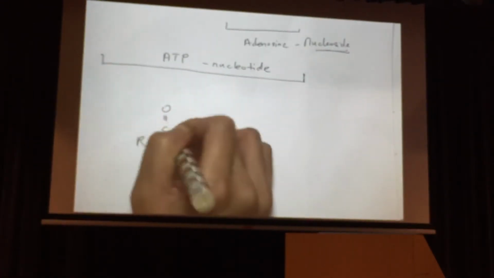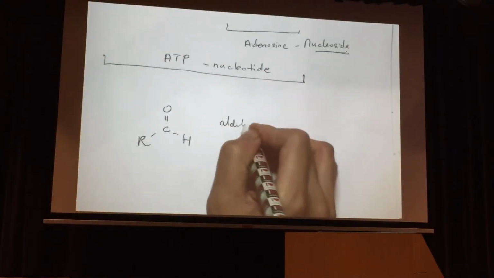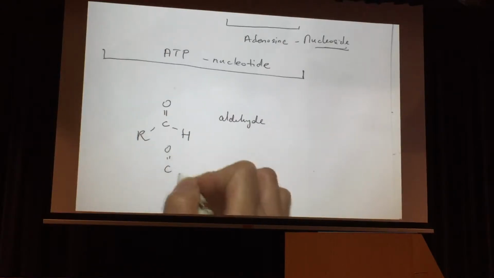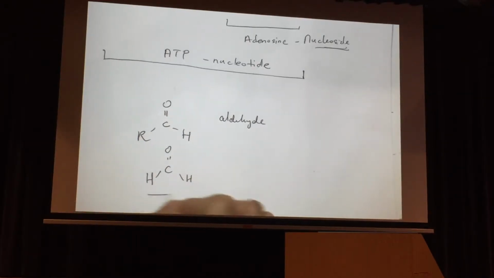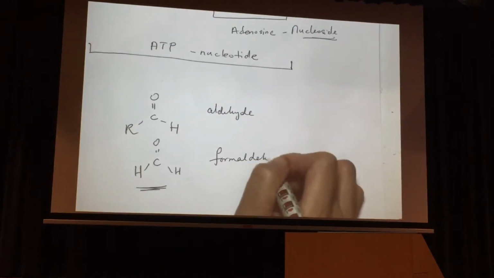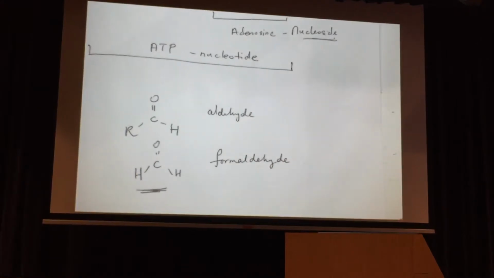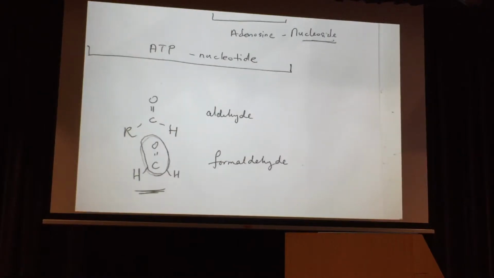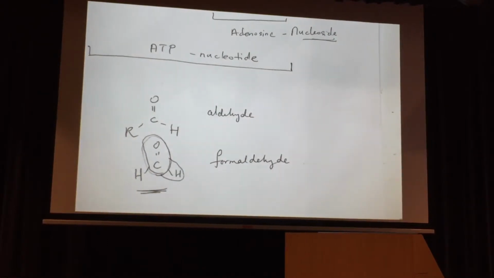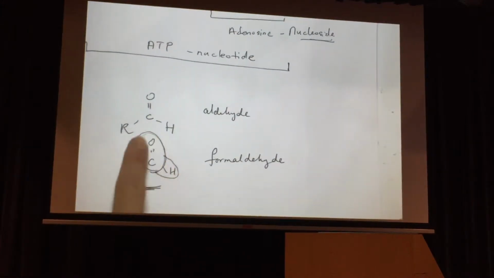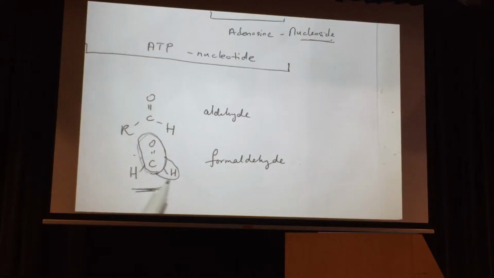This is the aldehyde, and formaldehyde has the R as an H. It's the simplest aldehyde. So what it basically means is that they donate this carbonyl in the form of an aldehyde into the structure. So formate or formyl, the formyl is this functional group, CHO.